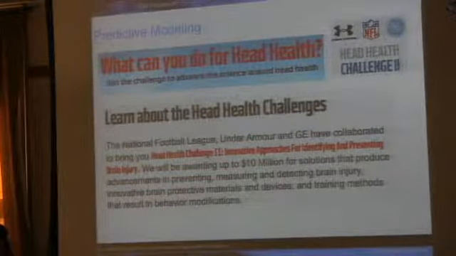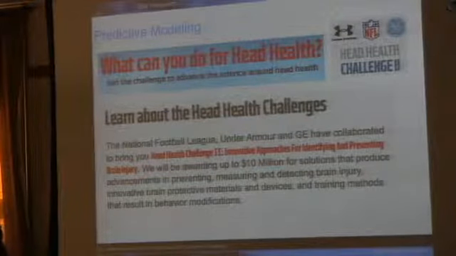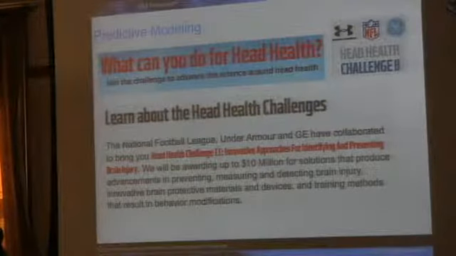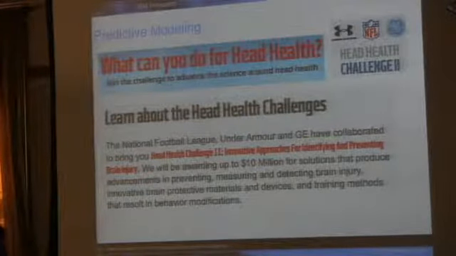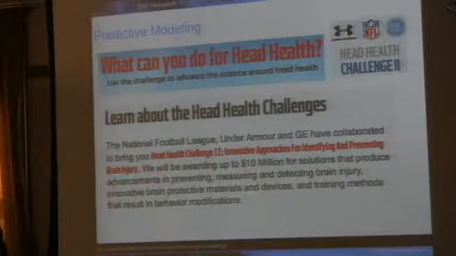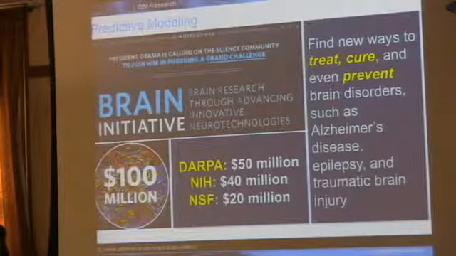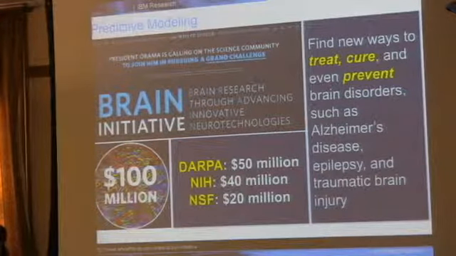Another example is this health challenge organized by NFL, GE, and Under Armour. The goal is to build an innovative approach to identifying and preventing brain injury. What's more, this year the White House has unveiled the BRAIN initiative, which is a multi-party effort involving DARPA, NIH, and NSF.